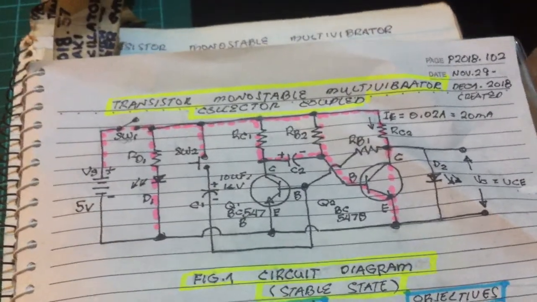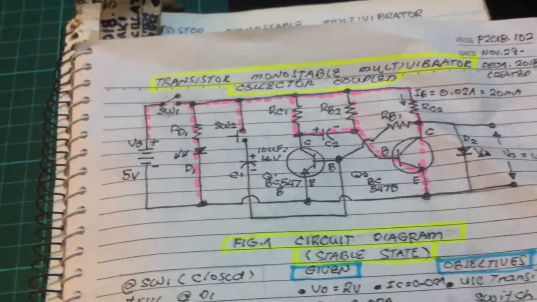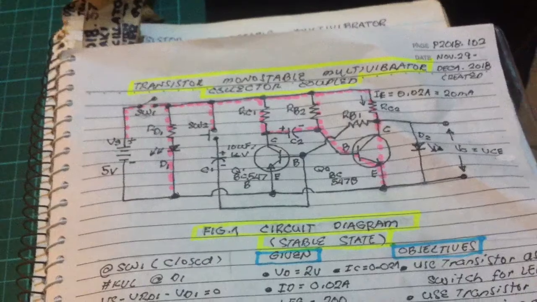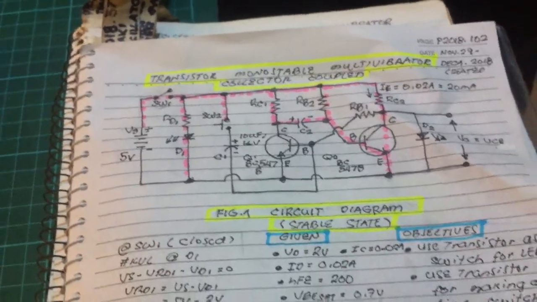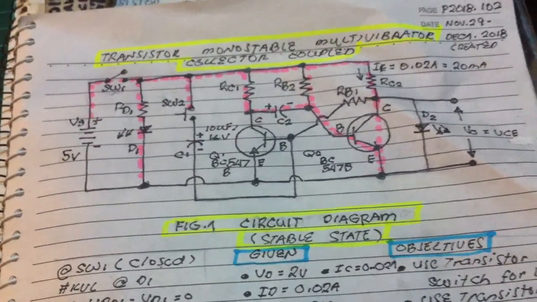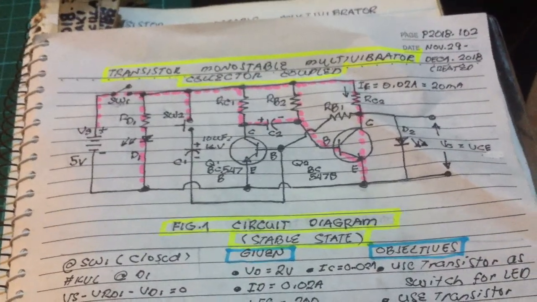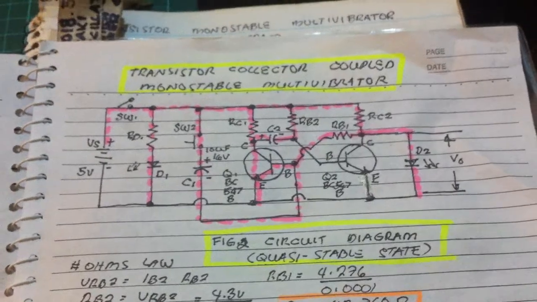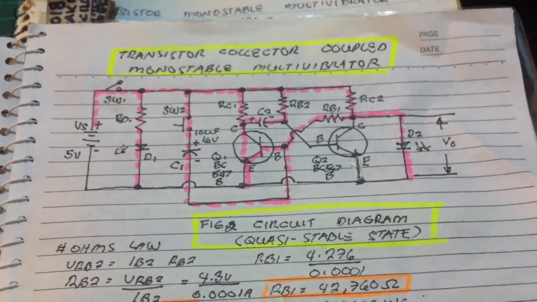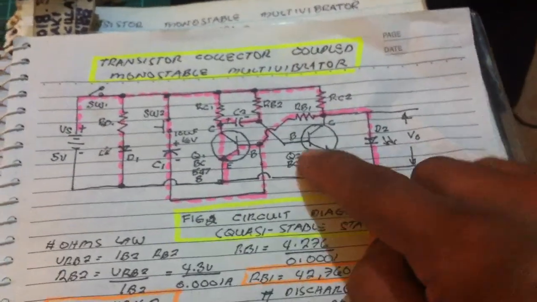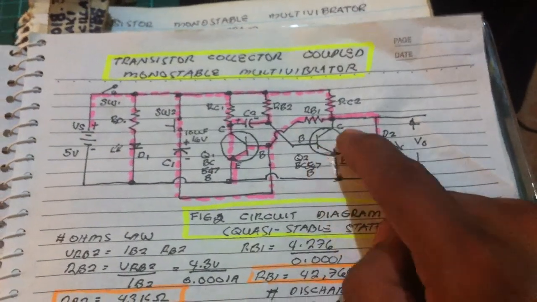That is the operation of the Monostable Multivibrator, collector coupled transistor. And this is the stable state, the current lows. And this one is the quasi-stable state. The transistor here is off.